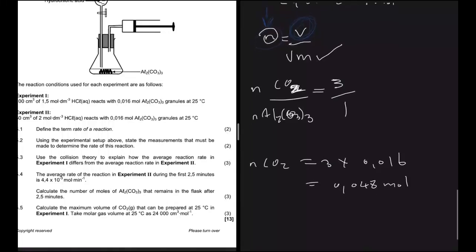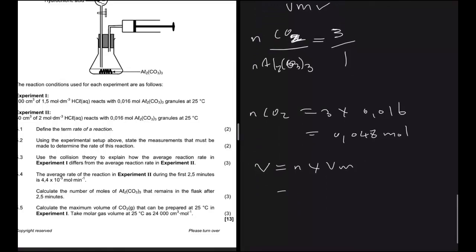Now we can just calculate V, right? So V equals the number of moles multiplied by the molar gas volume, which is given as 24,000. So we're going to have 0.048 multiplied by 24,000 centimeter cube per mole, right?